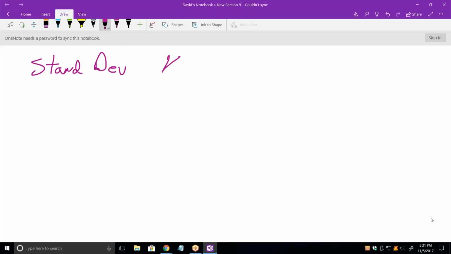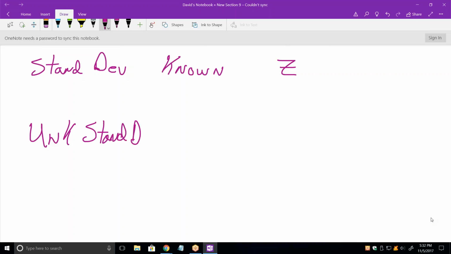If the standard deviation is known, then you're going to use the Z test or measurement or whatever word they use. If you have an unknown standard deviation, which is the case with most things, you'll end up using T, exactly, with number of degrees of freedom.